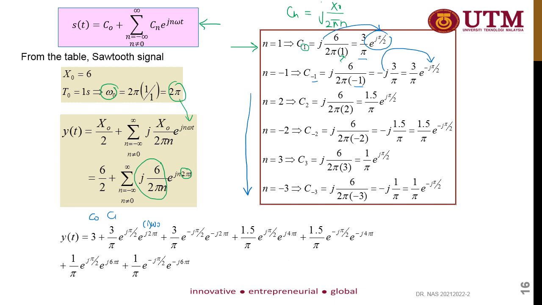Same goes to when n equal to minus 1, n equal to minus 1 times omega naught t. And this is for n equal to 2, so n equal to 2 times 2 pi. This is when n equal to minus 2 times 2 pi. This one for the third, n equal 3 times 2 pi. And last one, negative 3 times 2 pi.